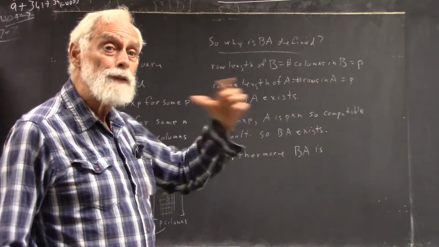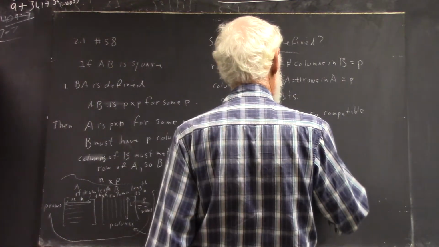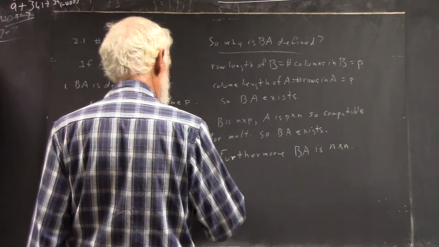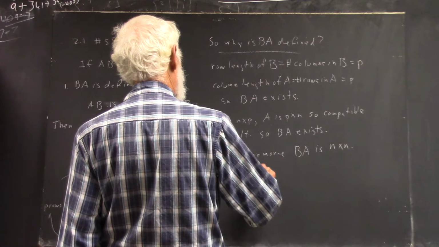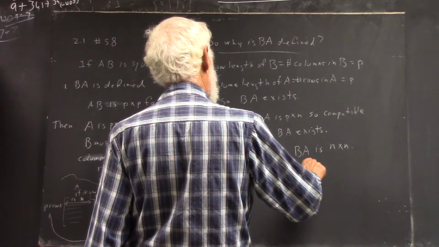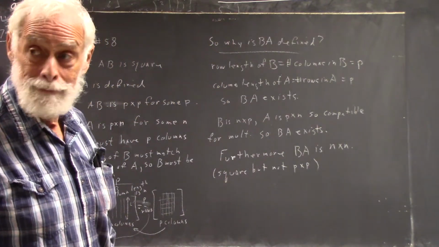So BA has n rows and n columns. Square, but not P by P, unless P happens to equal N. Okay?